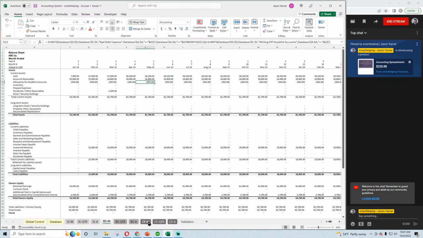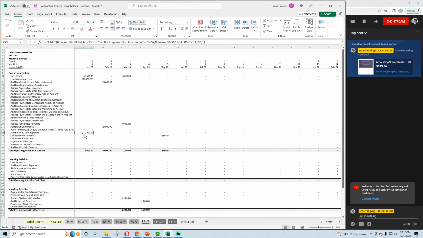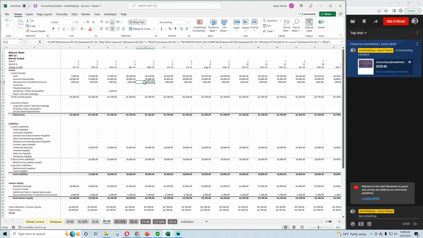So you still balance here, and you can see on the cash flow statement, nothing happened here because we made sales on account. We added back the bad debt expense, but we actually then collected some of that here. So collection of bad debt increases cash and increases the contra asset.